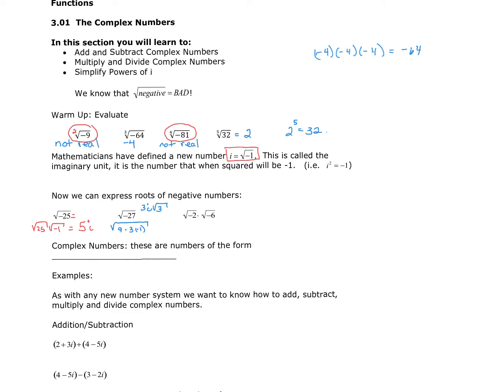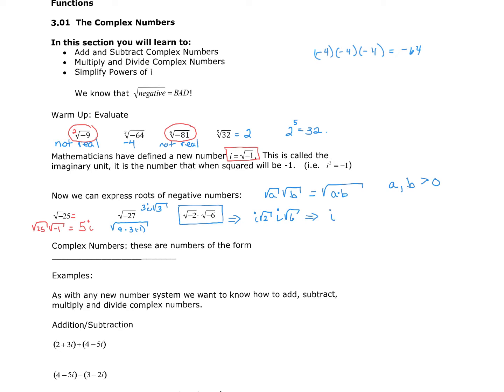Lastly, and this comes up a little bit later as well, when we multiply two radicals together, such as the square root of a and the square root of b, we can multiply the radicands. But there's a caveat there that says a and b have to be greater than 0. So in this particular case, we cannot make this the square root of +12, but we can take the i out of each of these, so i root 2 and i root 6.